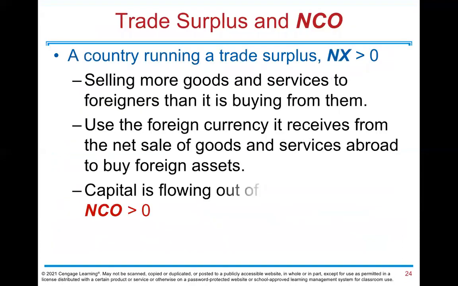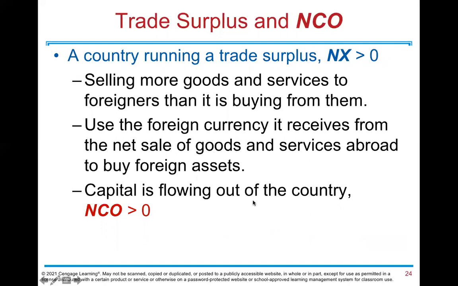Okay. So any country with a trade surplus means that NX is greater than 0. That means that they're selling more goods and services than foreigners are buying from them. That means that they have foreign capital, right? That means that they have foreign currency from the other countries that they sold stuff to, and they're going to use that currency to buy foreign assets.